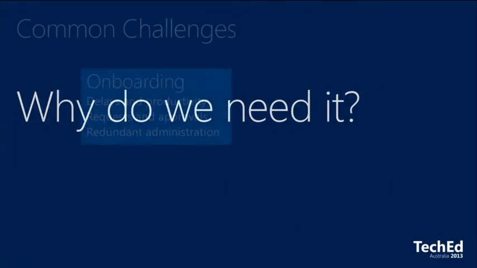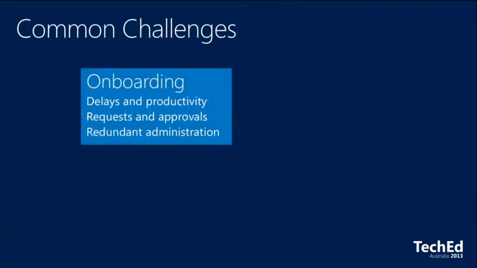So why do we need it? The common challenges during the identity lifecycle are, for example, in the onboarding phase, there are a lot of delays and issues with getting end user productivity. When they start on the first day, they're not able to do the job because they're still waiting on IT operations to provision their user account once they've got their ticket.